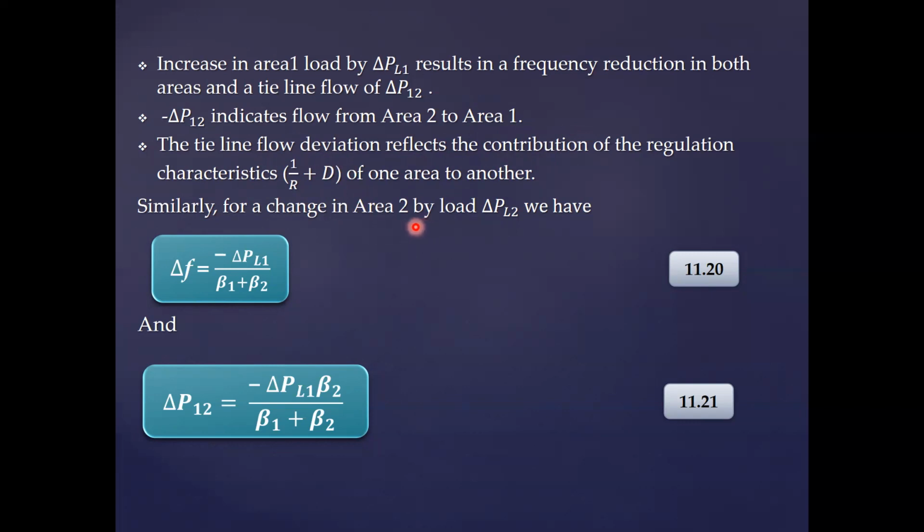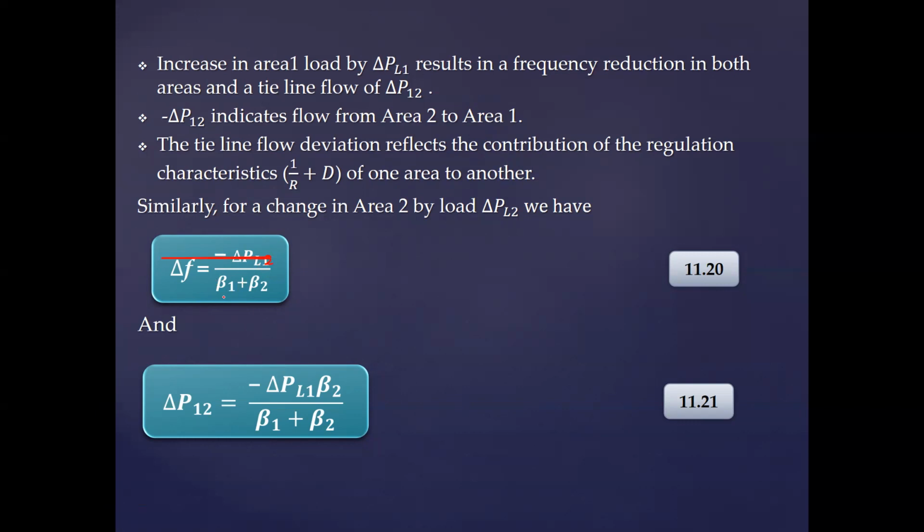Similarly, we can write down the frequency deviation defined in the system when you have a load change in area 2. So here it should be del PL2. It is the same way.